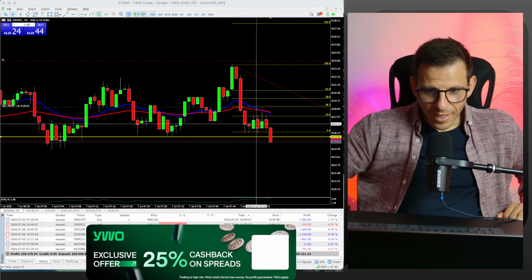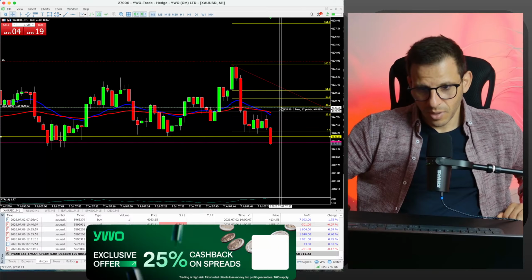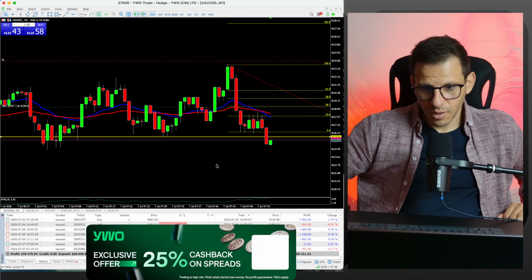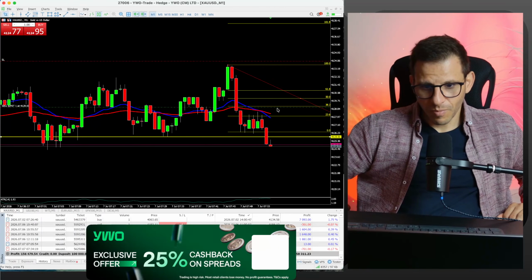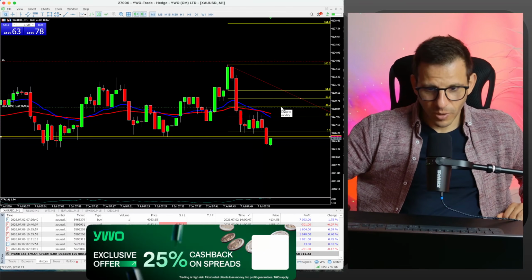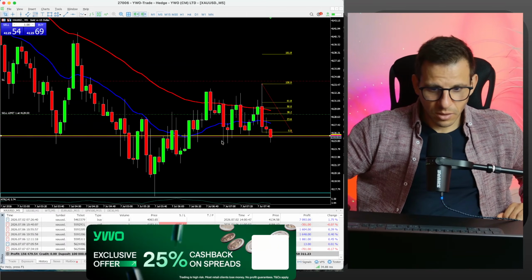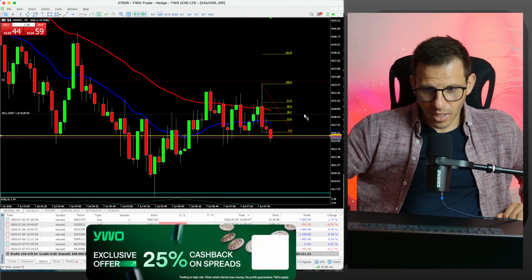Okay, see how the price came? It's not even 1 pip. It's just 3 points from my entry, and it didn't fill the trade. So now I consider this an invalid setup.